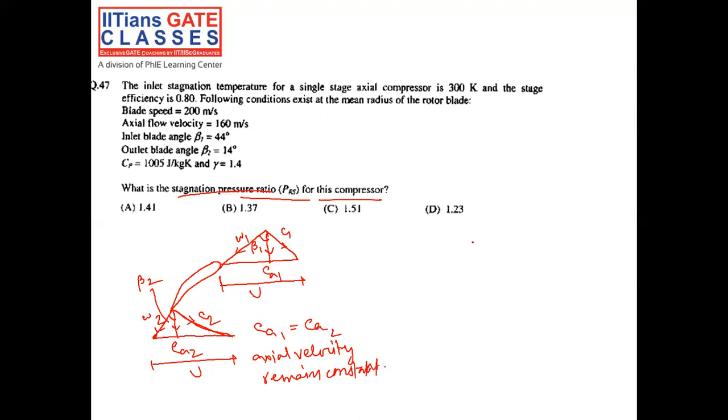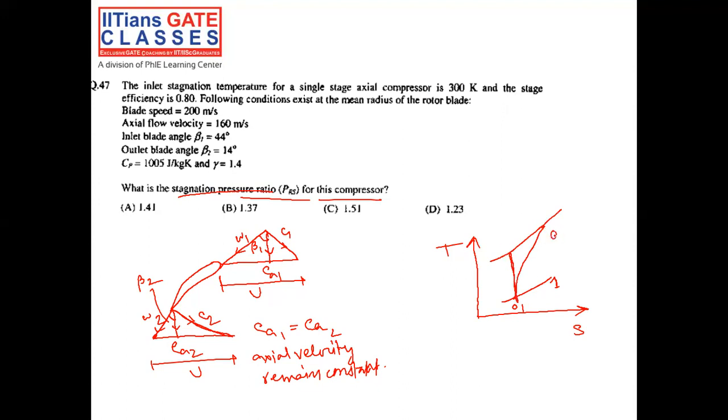Now if we draw the TS diagram of the flow across our compressor, so this line denotes the entry of the compressor, this line denotes the exit of the compressor, and at this point, it is the entry point. And this straight line denotes the isentropic process.